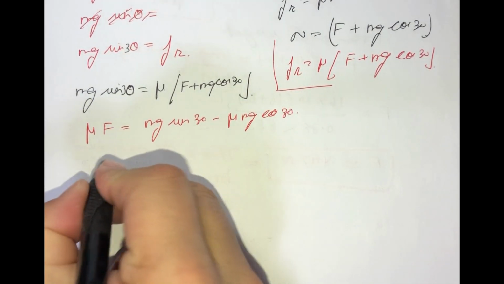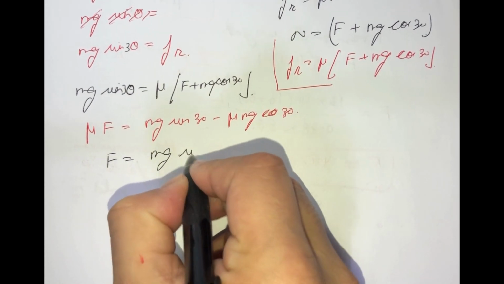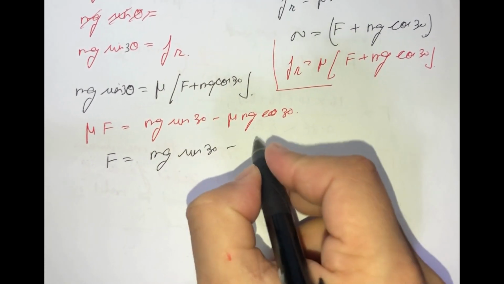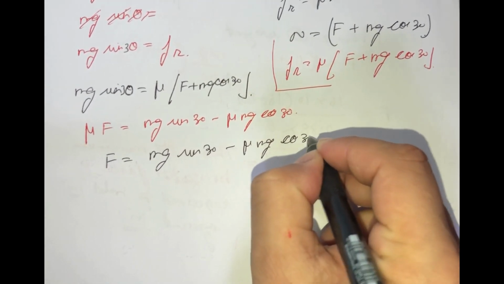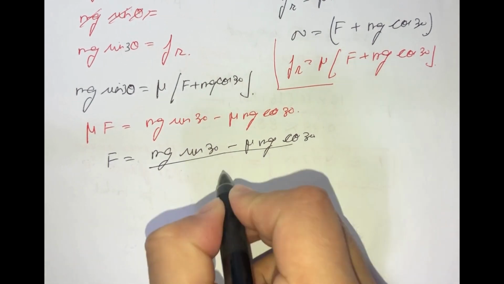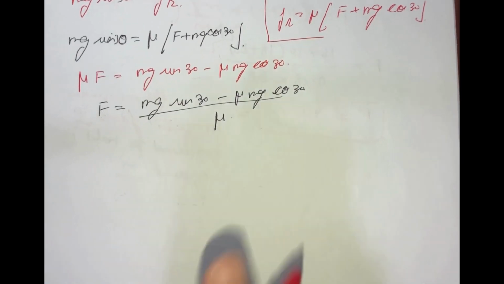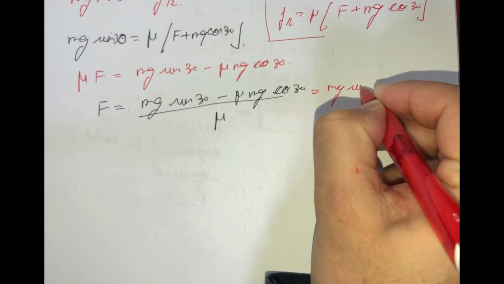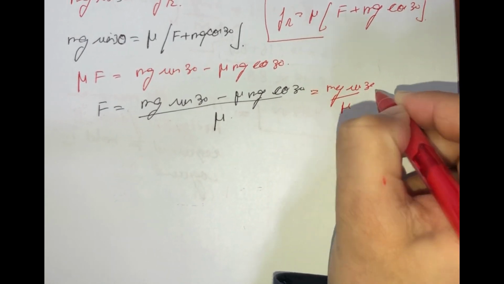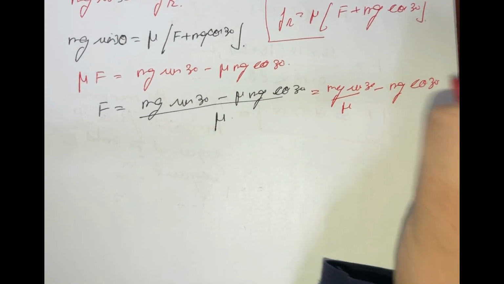So we get F as mg sin of 30 minus mu mg cos of 30, divided by mu. So this will be mg sin of 30 divided by mu, minus mg cos of 30.